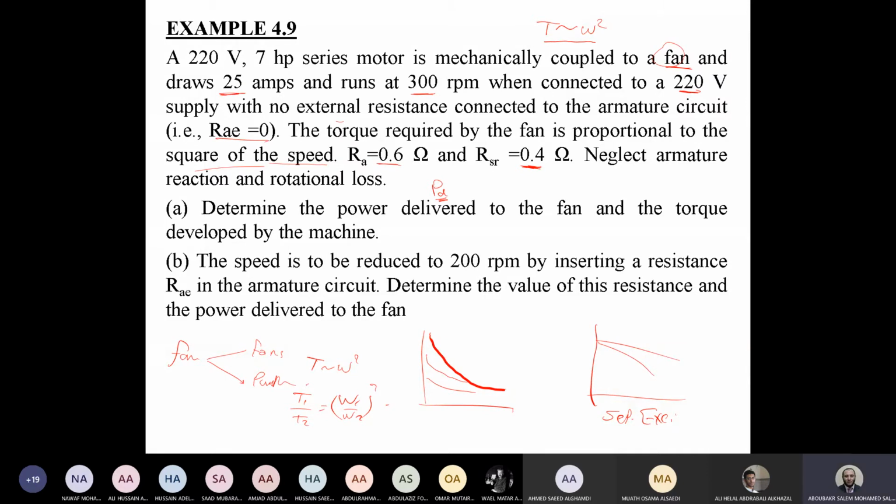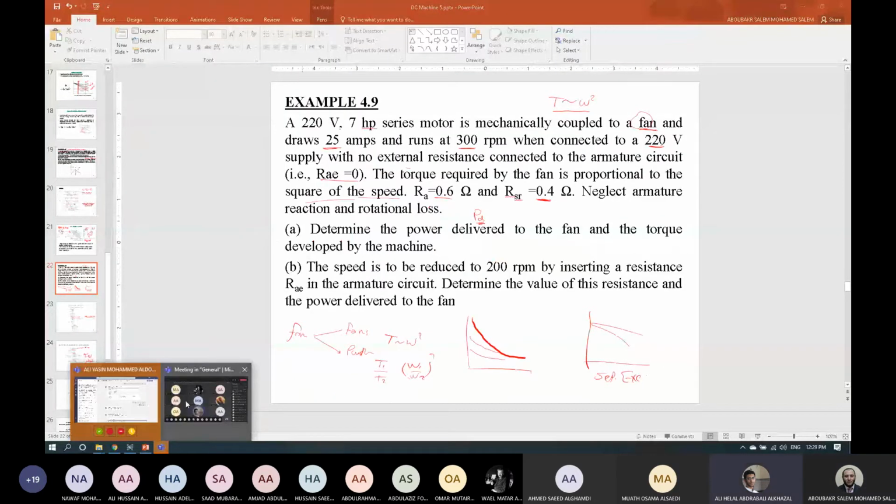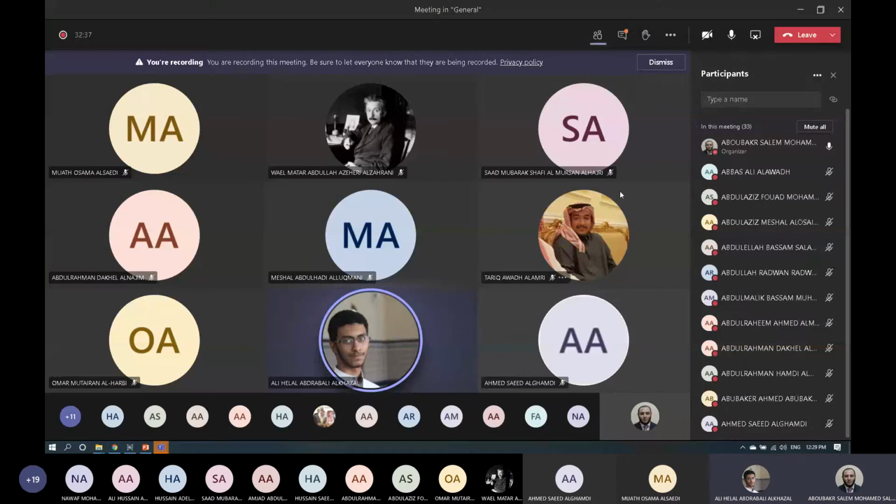Regarding the current, guys, what is the current in the shunt machine? What is the field current? Was it high or small current? High? No, it's not high.